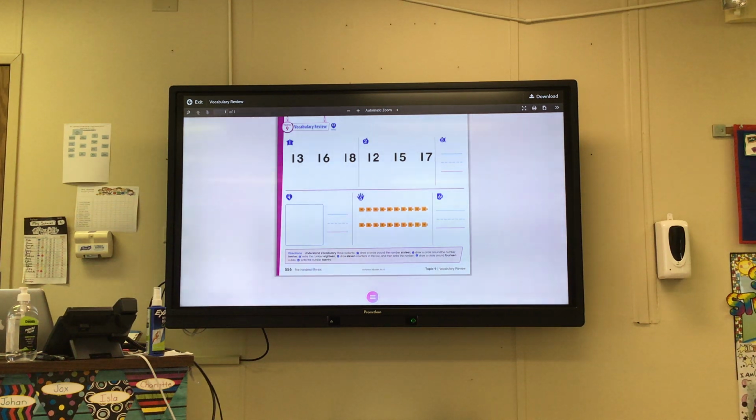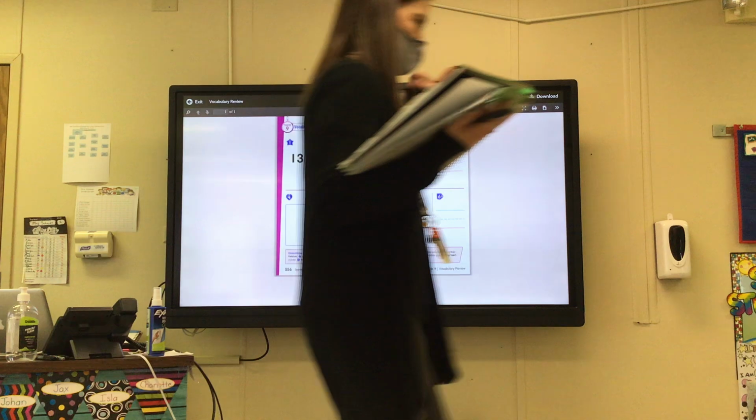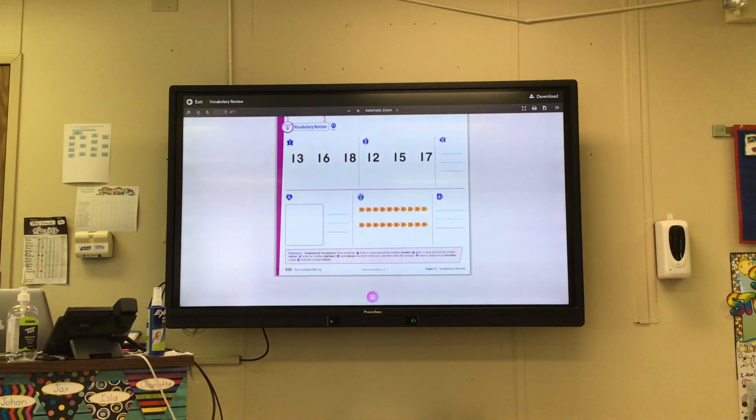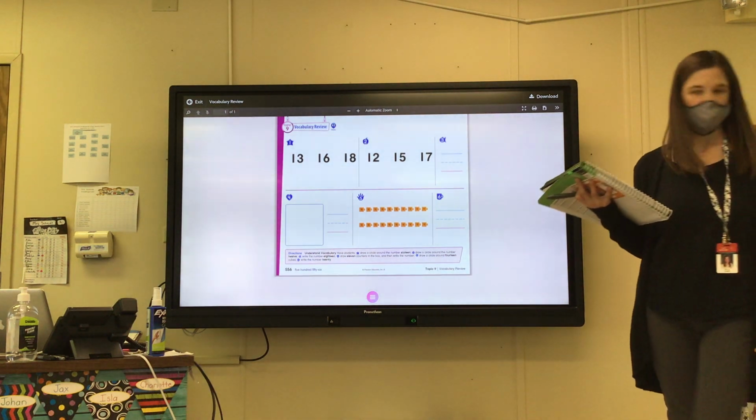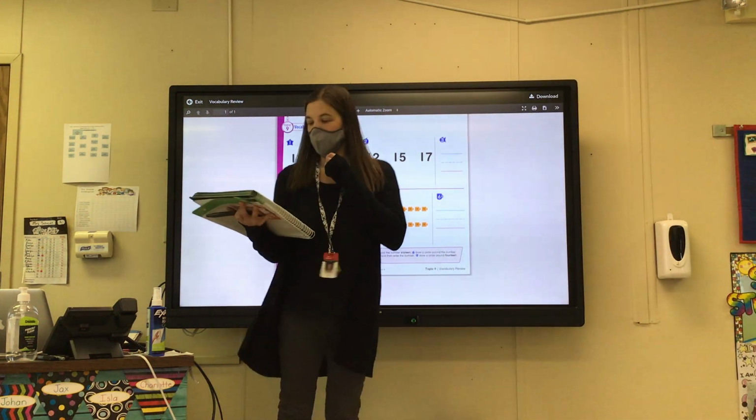Right here you should draw 11 counters and write the number 11. 11 counters would be 11 circles. Now for number 5. Oh, did you write number 11? You're working on it? Good.